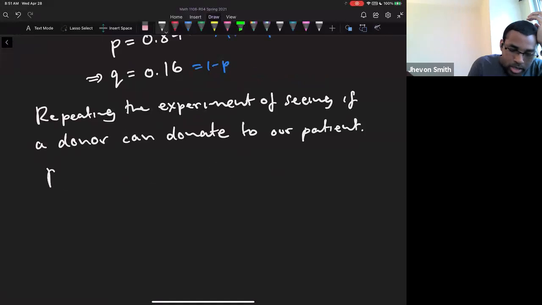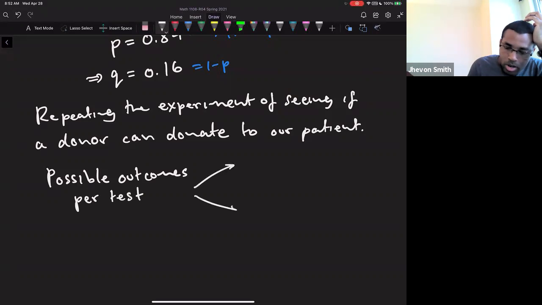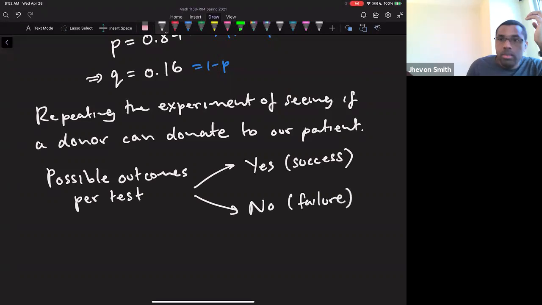And for us, the possible outcomes per test are only two. Either yes, they can, this is our success, or no, they can't, this is our failure, right? And these don't depend on each other.